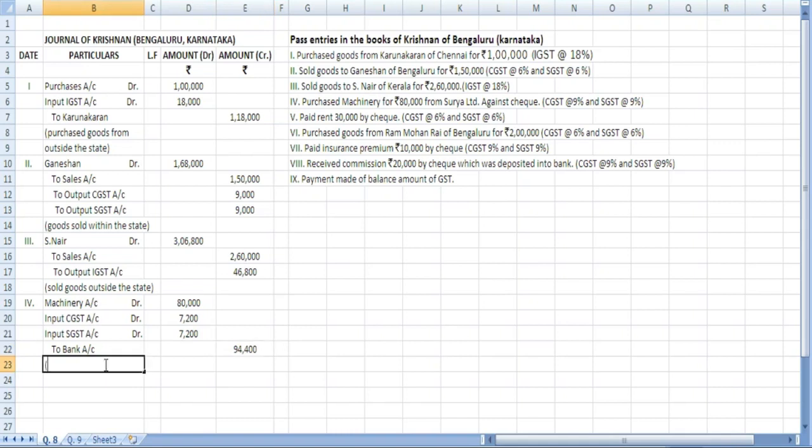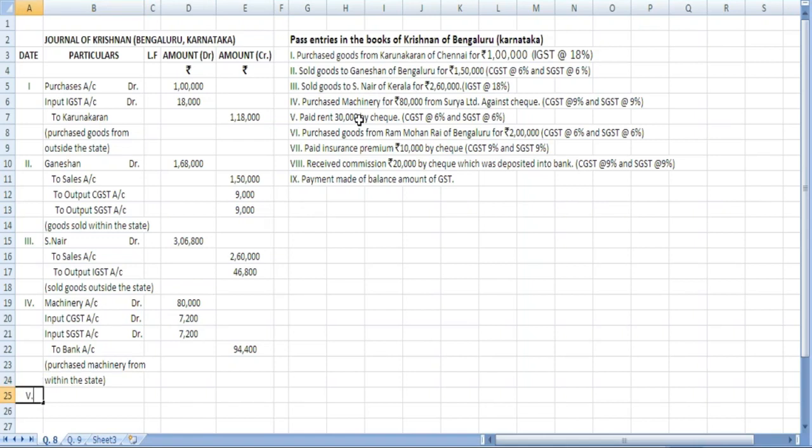Here we write: purchased machinery from within the state, because it is CGST and SGST. Next we have number 5.